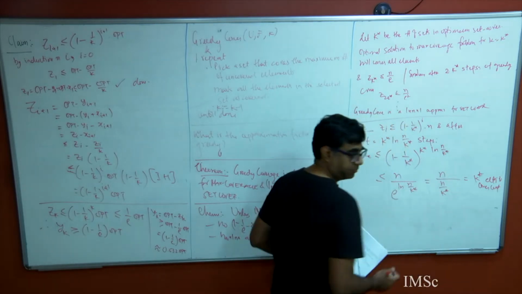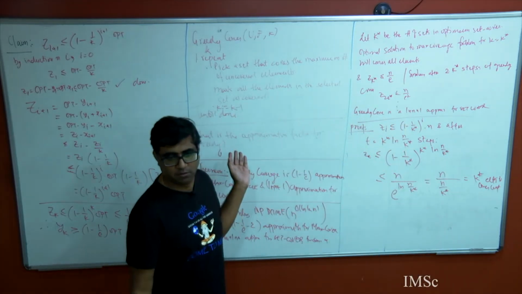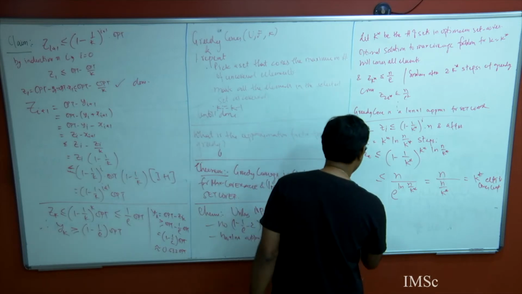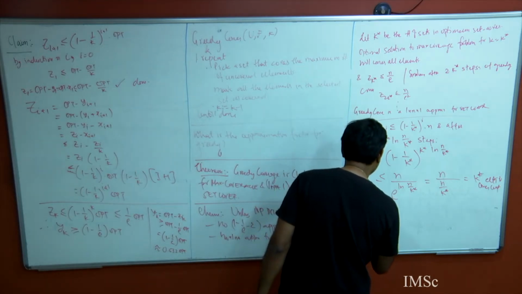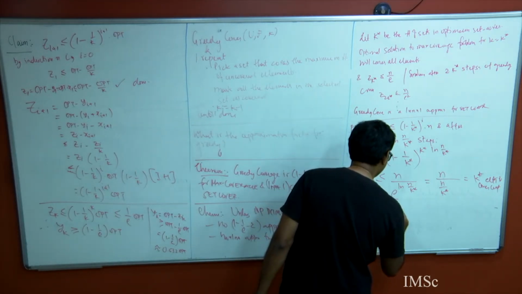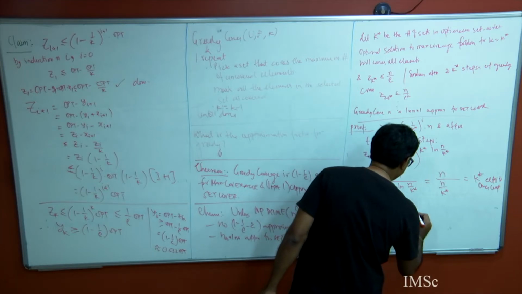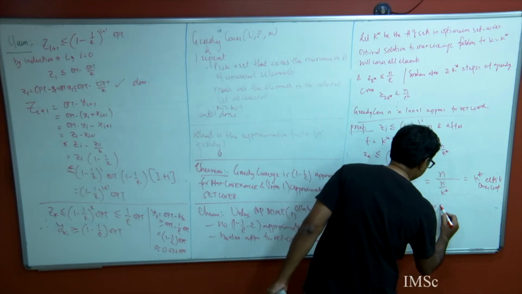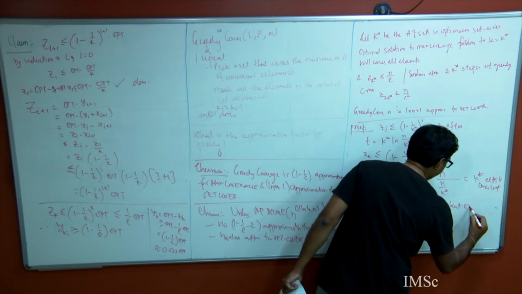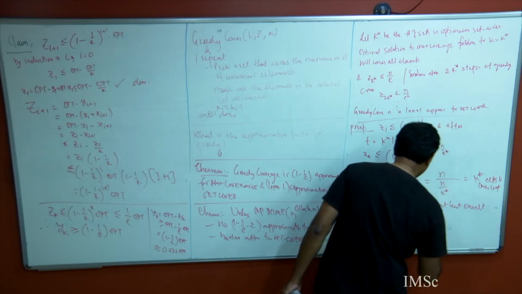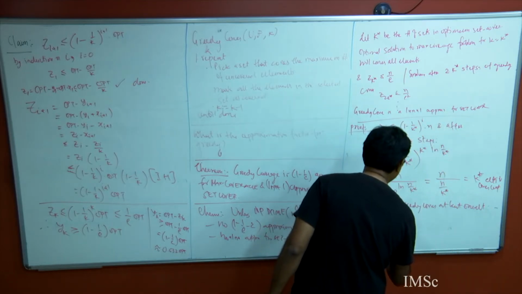After this step, greedy will cover at least one element, right? After this step, greedy covers at least one element, and hence what will we get?